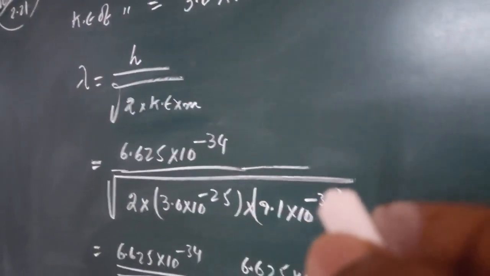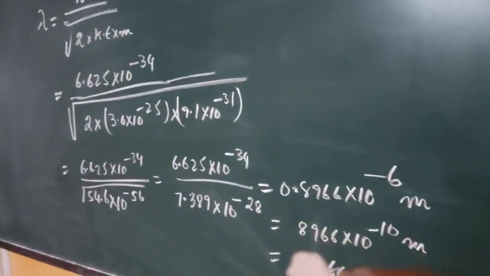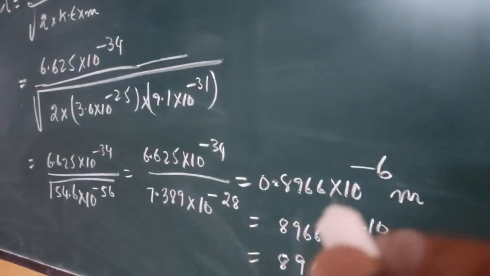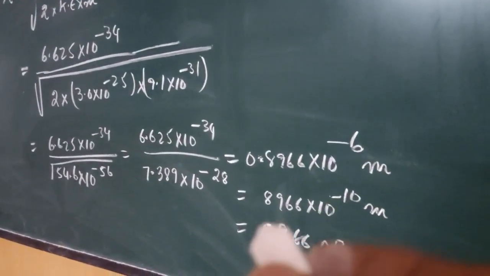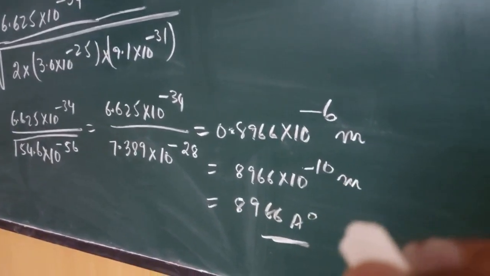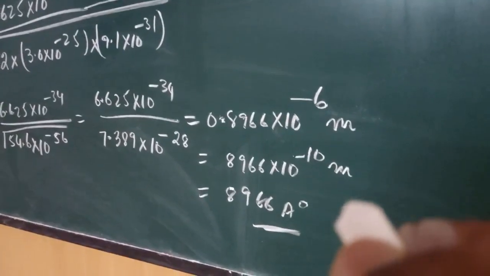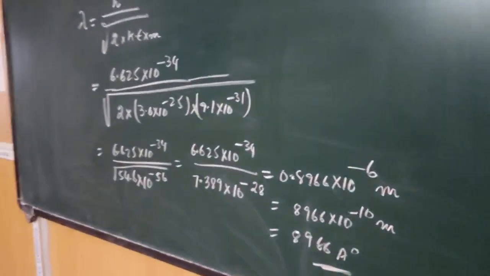After calculation, we can get 0.8966 into 10 power minus 6 meters. So we can write like this: 8966 into 10 power minus 10 meters. 1 angstrom is equal to 10 power minus 10 meters. That's why you get 8966 angstroms.